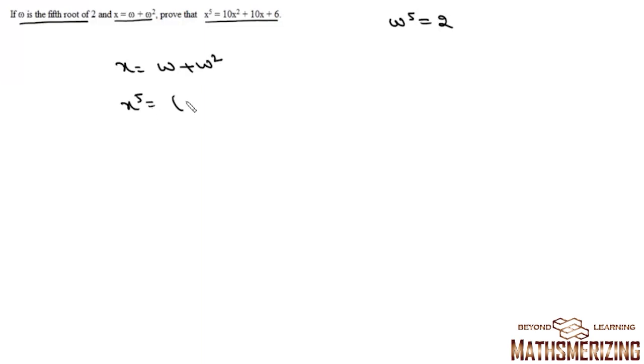So x to the power 5 will be omega plus omega square to the power 5. Now we'll use binomial expansion.